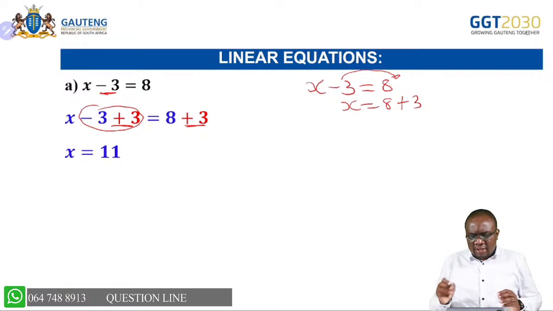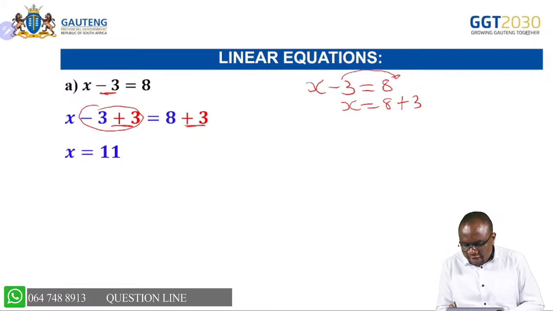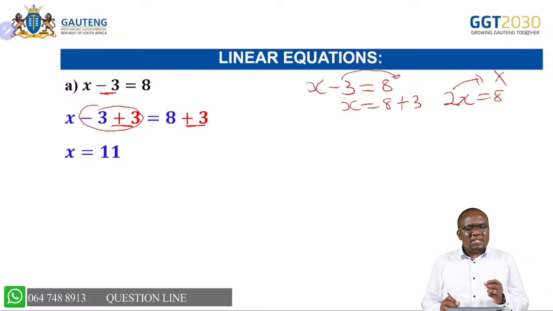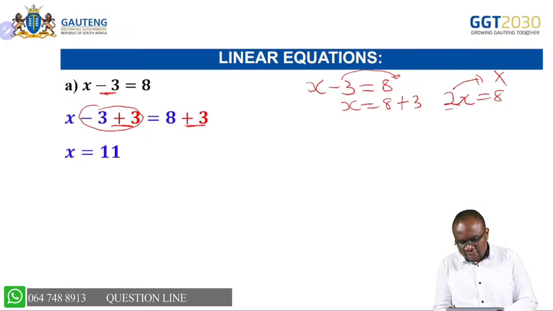Right? The other problem that we have, you find people solving for 2 times x is equal to 8, and then people start transposing and say this 2 must go this side. No, don't do that. There is nothing like that. So when it's multiplication and division, we do not transpose. You do the inverse operation. What is the inverse operation of multiplication?